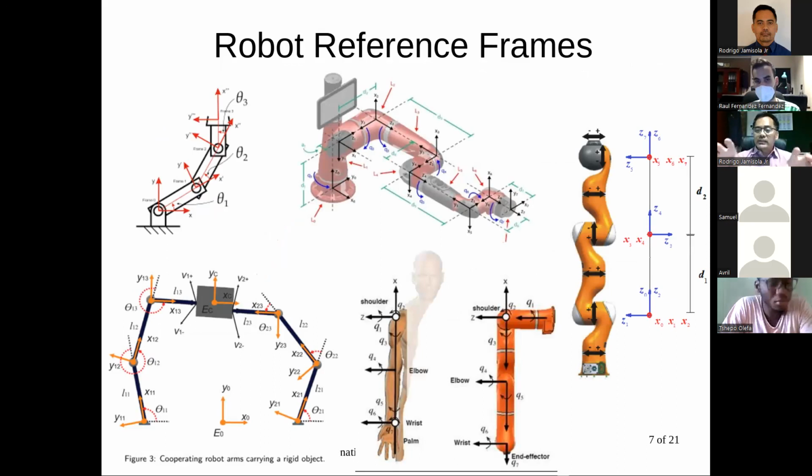Once you're able to assign frames, you can remove the physical robot, and you will be left with just frames flying in the air. No more physical robot. Because you're just dealing with frames, and those frames are modeled mathematically, everything else is a mathematical expression.